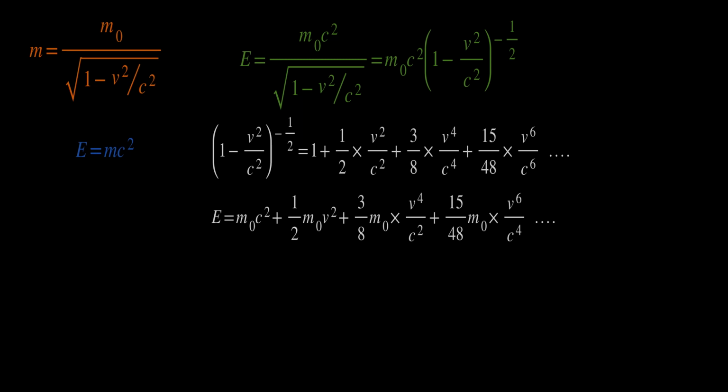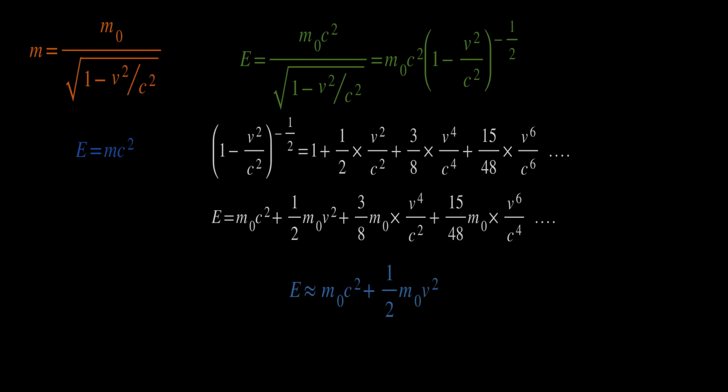Well, we can see that the terms on the right are not that relevant compared to the two terms on the left, m naught c squared and half m naught v squared. Since for small velocities, all the terms beyond 1/2 m naught v squared just have a c to the power of 2 or higher in the denominator, which is just so close to 0 that we can ignore it for small speeds or small velocities.